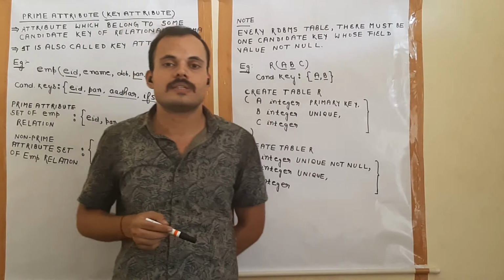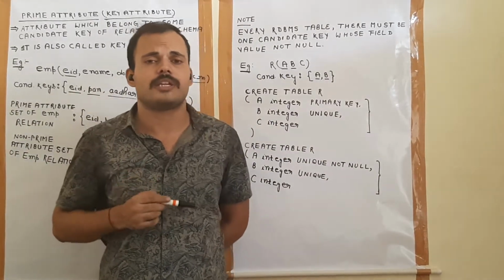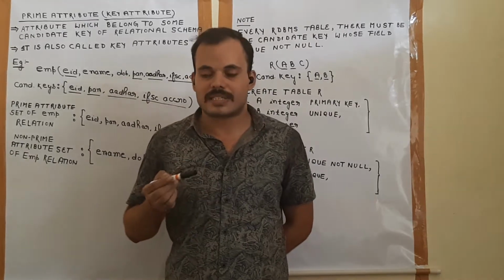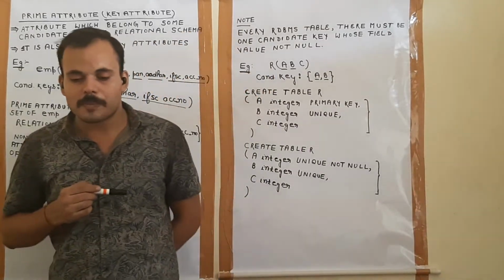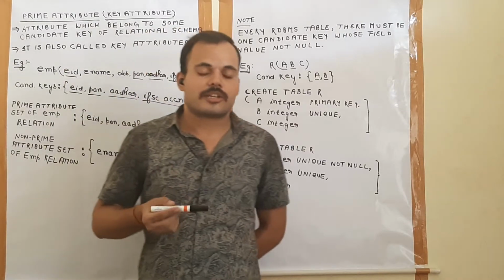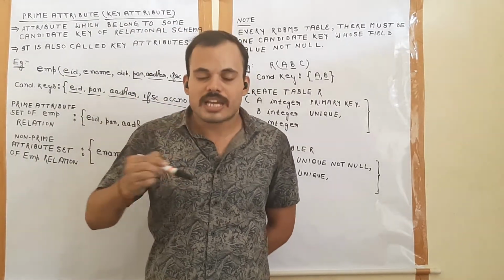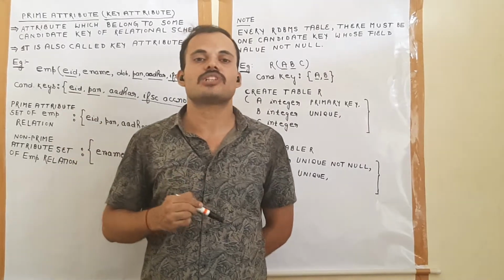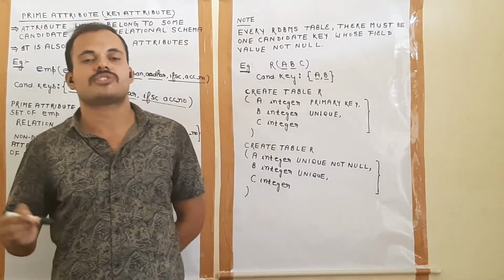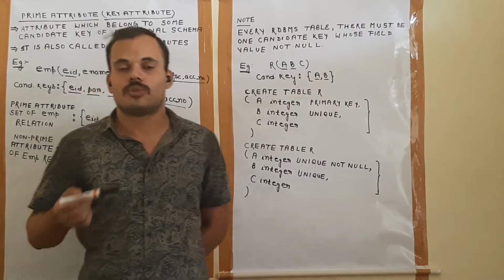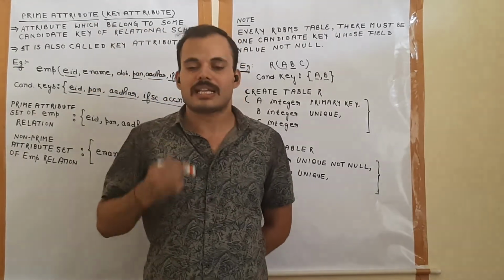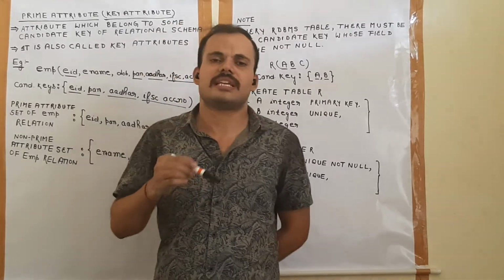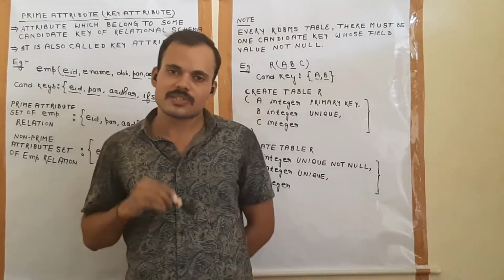Relational schema means the structure or definition of the relational database table, that is, the table name along with the set of attributes and integrity constraints of the table. We can use relational schema or relation. Relation means table.